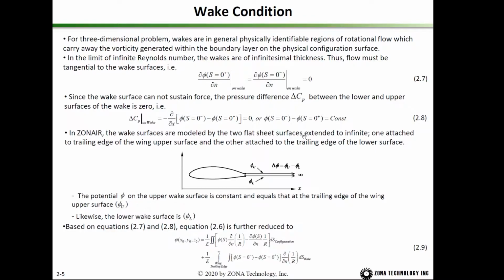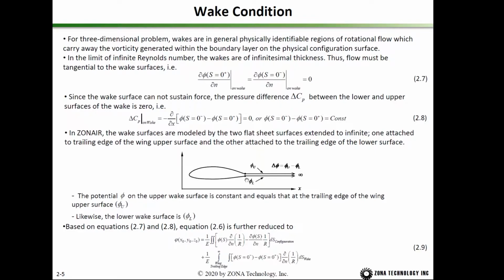The surfaces extend to infinity, one attached to the trailing edge of the upper surface of the wing, another to the trailing edge of the lower surface of the wing. The potential phi on the upper surface wake is constant and equals that at the trailing edge of the upper surface.